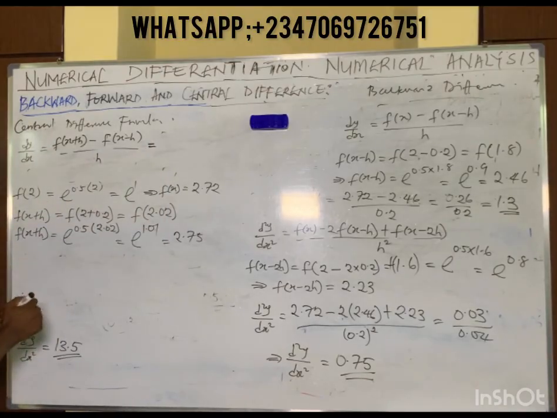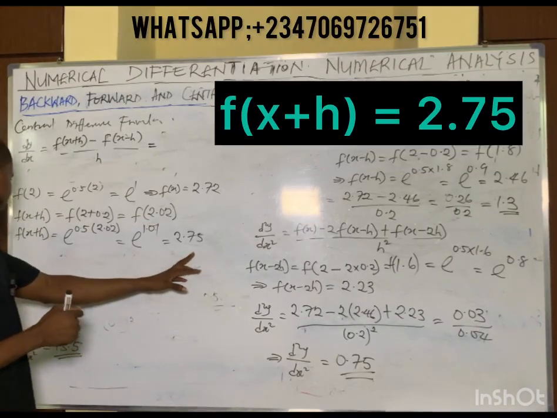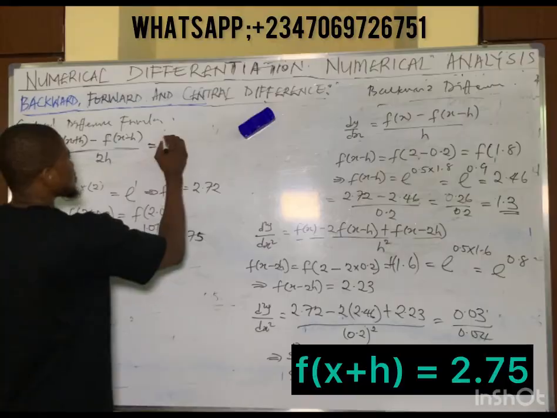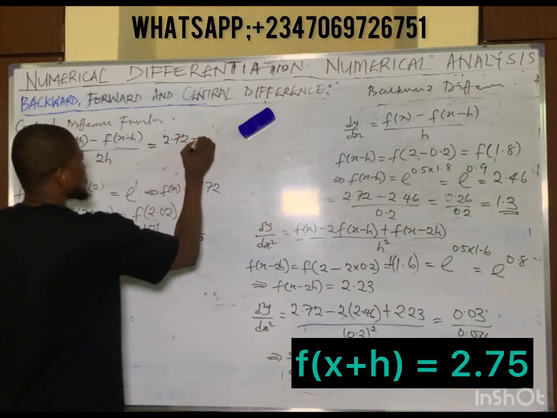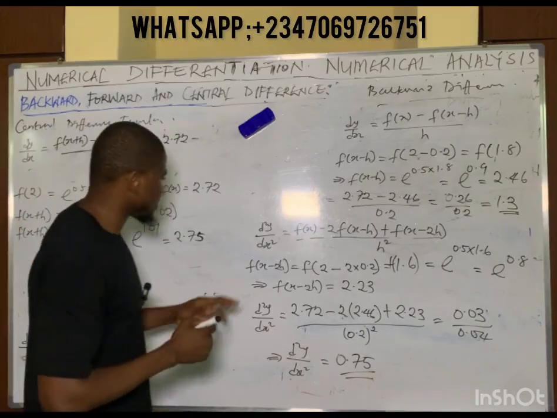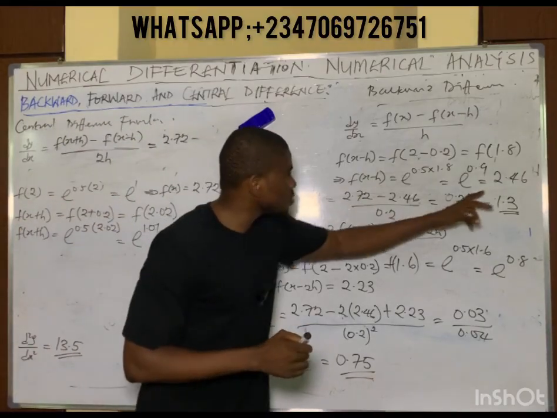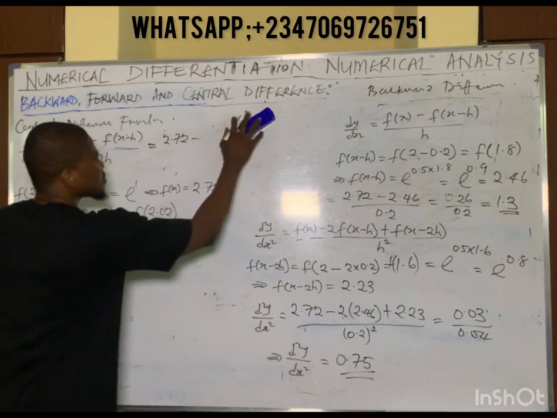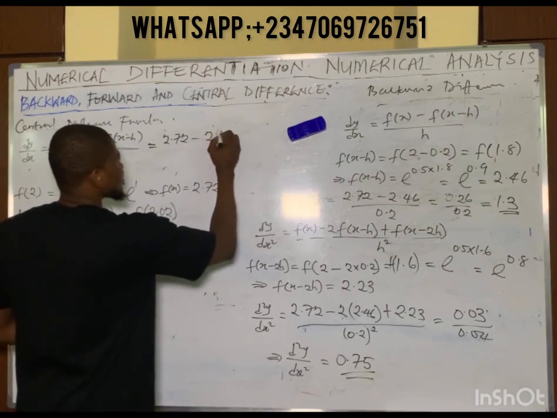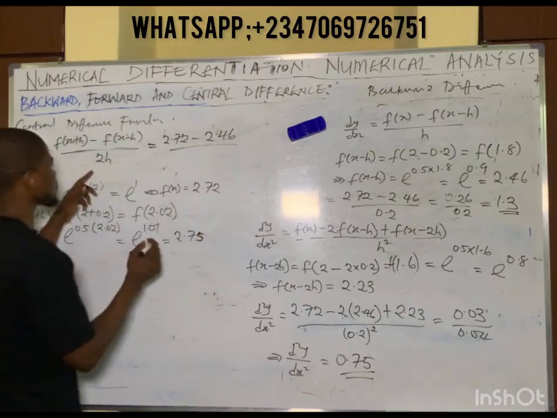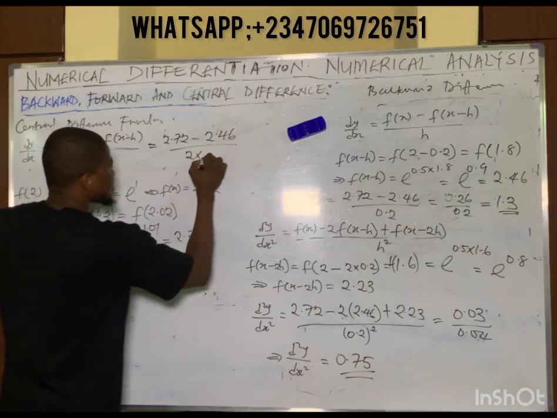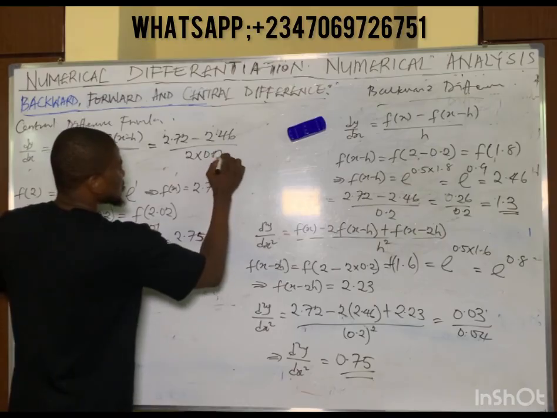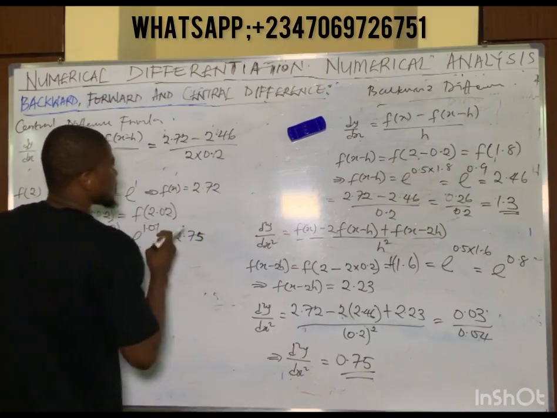We know what f of x plus h is. We have the value here, that's 2.72, minus f of x minus h, which we also have here as 2.46, divided by 2h, which is 2 multiplied by 0.2.